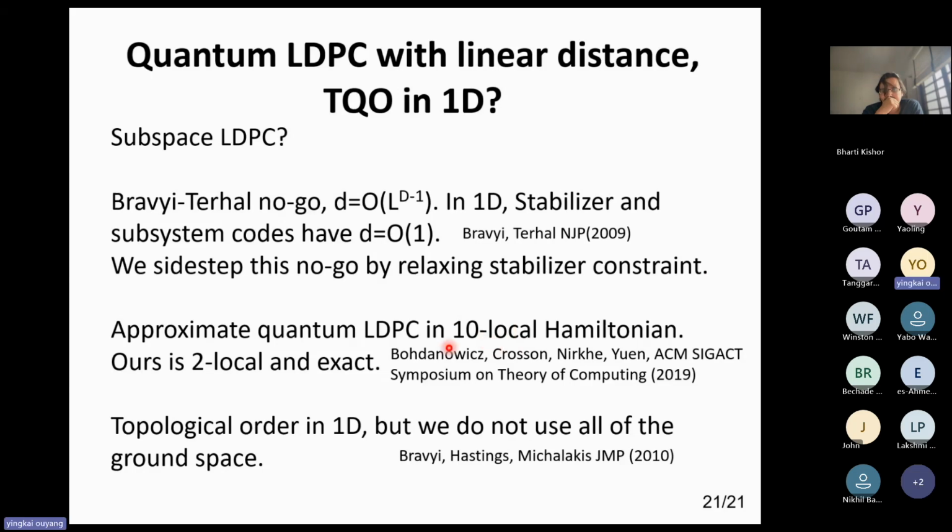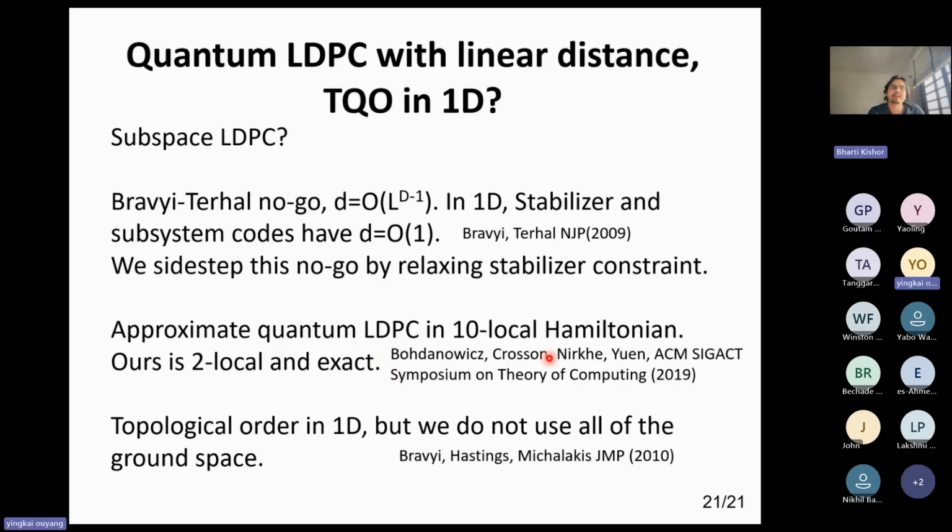They found that it was an approximate quantum error correction code, and they called it a quantum LDPC code because their Hamiltonian was 10-local, which is constant in the locality. I see. In contrast, we constructed our code for a 2-local Hamiltonian, strictly within the ground space, and we satisfy the error correction conditions exactly. I see.